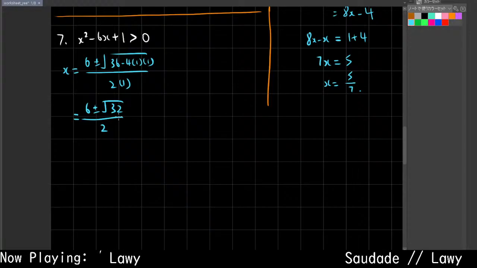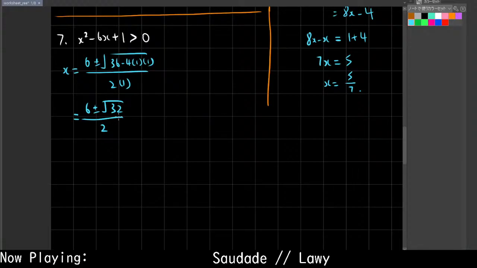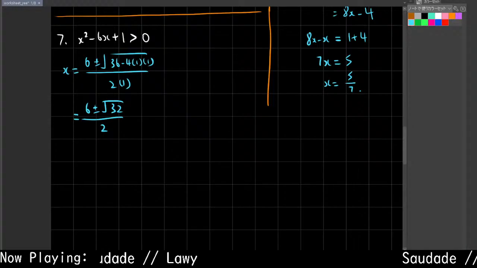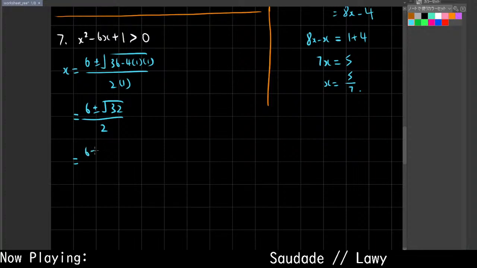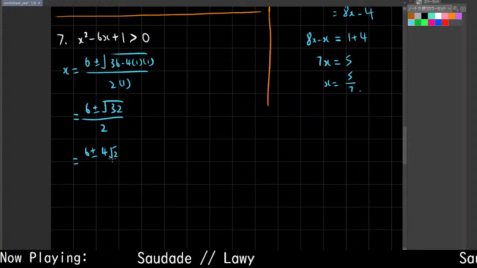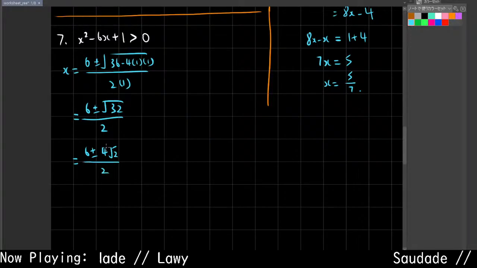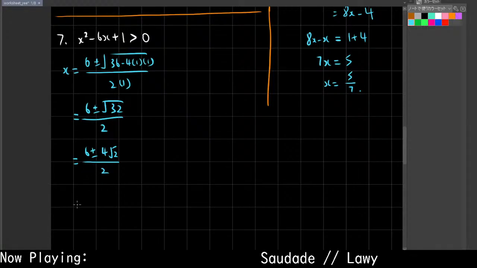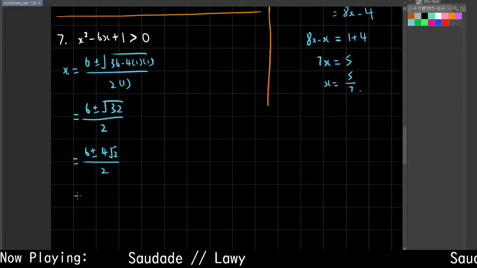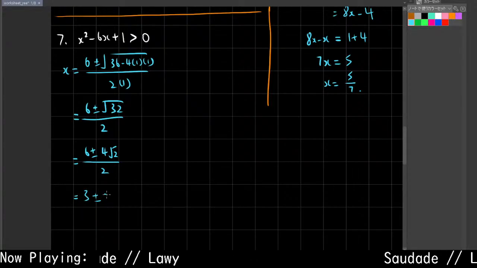We can factorize it out even more: 16 times 2. 16 is 4 squared. So I can get 6 plus minus 4 square root 2 over 2, and then your 6, 4 and 2 are all divisible by 2, so you just divide them. So I will get 3 plus minus 2 square root 2.